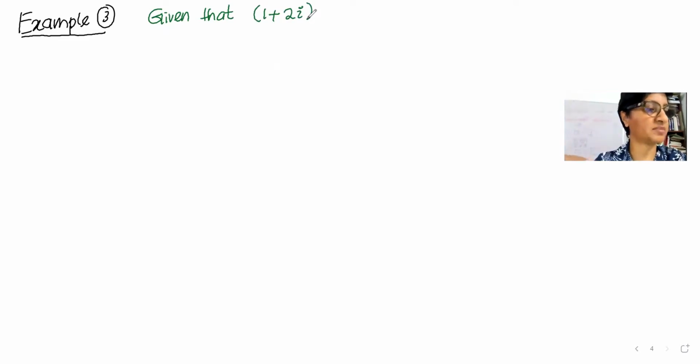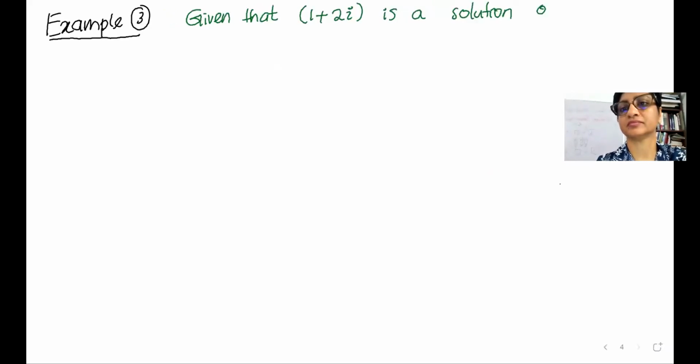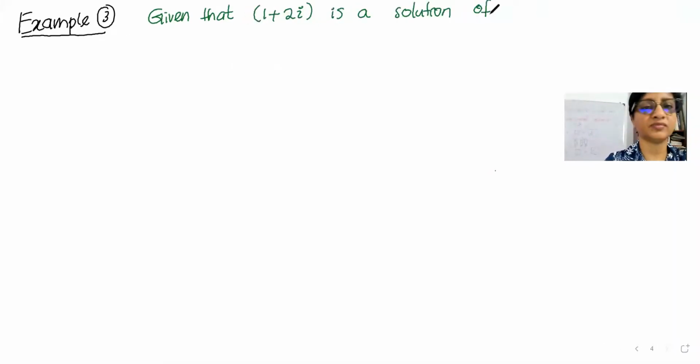Given that 1 plus 2i is a solution of 4z cube minus 11z squared plus 26z minus 15 equals 0.